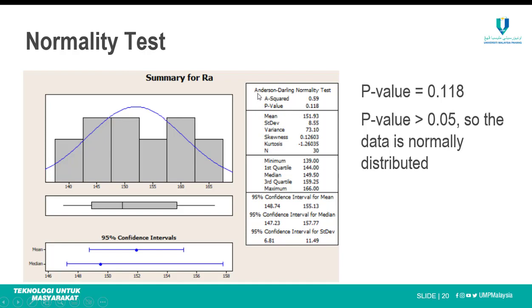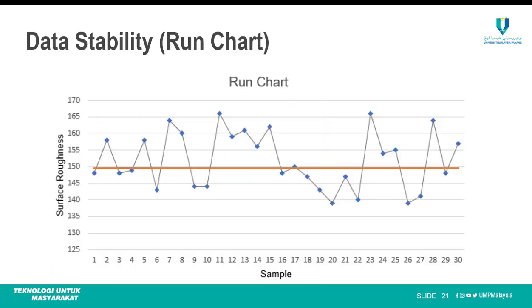This is the Anderson-Darling normality test. We obtain a p-value of 0.118, which is larger than the alpha, and again we can accept the assumption that the data is normally distributed.